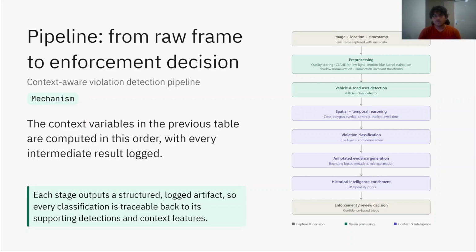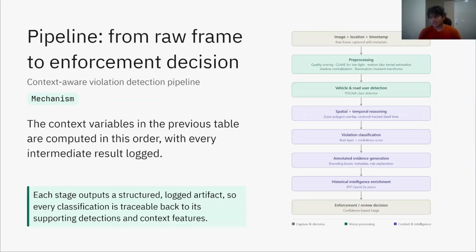Suppose someone is dropping off someone at a zebra crossing. That is not a violation. But if someone has parked the car there for more than, let's say, 5 minutes, that is now a violation. That can only be done with temporal reasoning. You can't do that with spatial reasoning alone, which is currently what is happening in Bangalore.